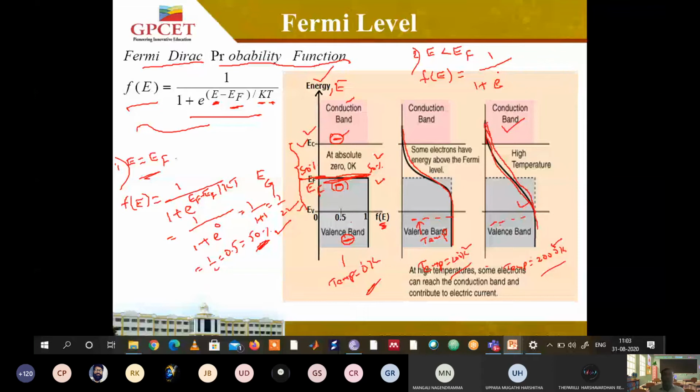So E minus EF is less than 0, which means I can write it as minus some quantity. That is equal to 1 by 1 plus e power minus some value.